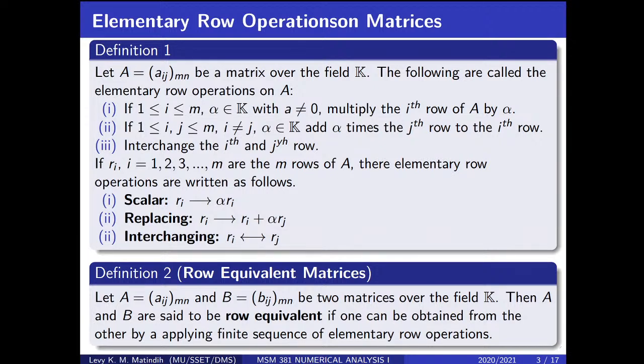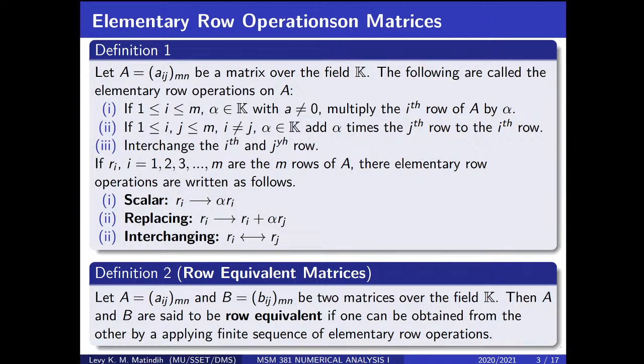After we have talked about row operations on a given matrix, whenever you apply a row operation on the first matrix, the second matrix that you get will not be the same as the first matrix. So you have this matrix A, and then you multiply the first row, for example, by 3.